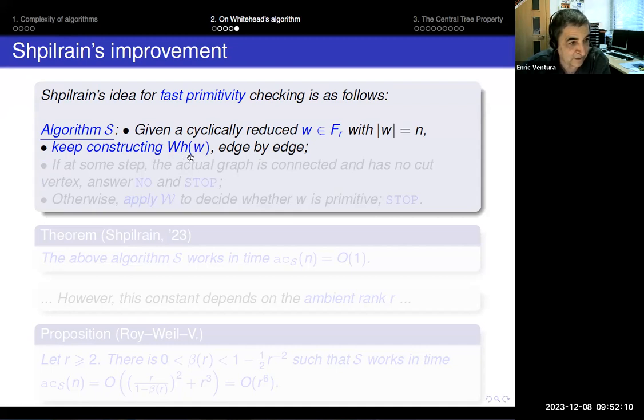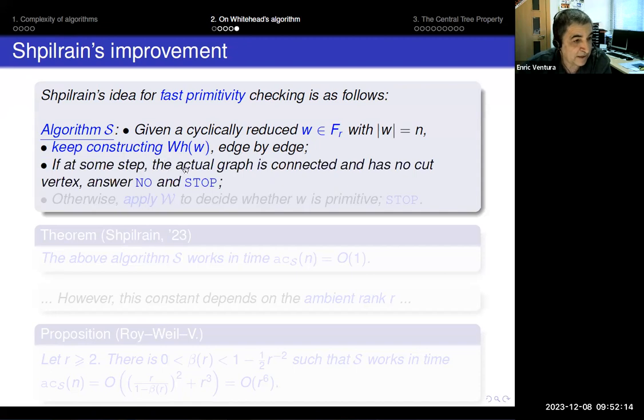Just keep constructing the Whitehead graph edge by edge, and if at some stage in the middle you realize that the graph is connected and has no cut vertex, then you don't need to finish computing the graph, because adding new edges will still be connected and will still have no cut vertex. So you can just cut the process at that point and answer no, the element was not primitive.